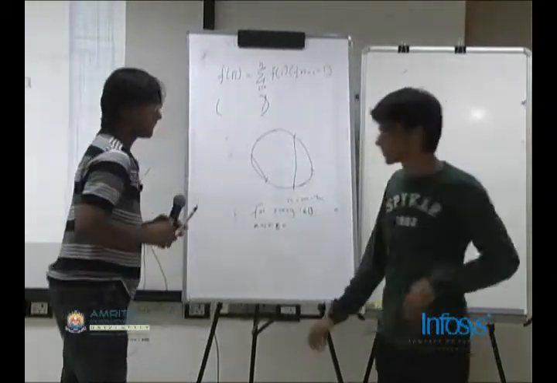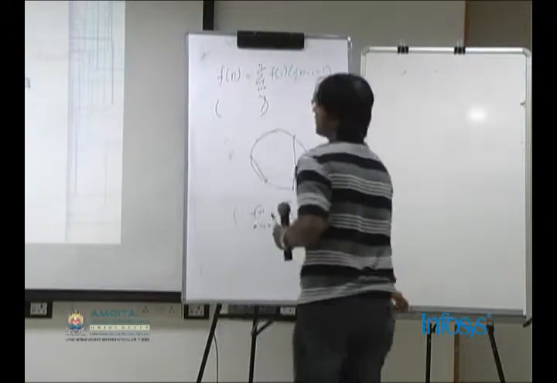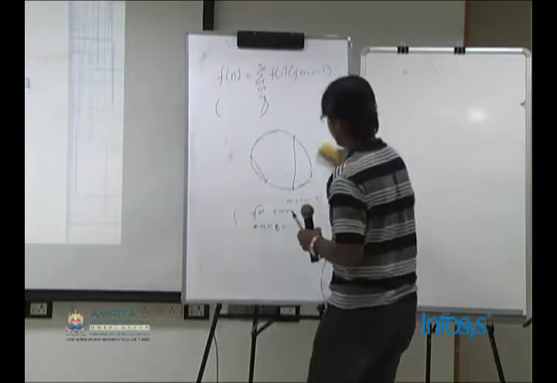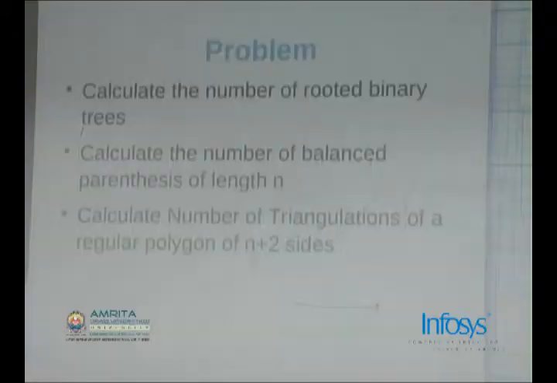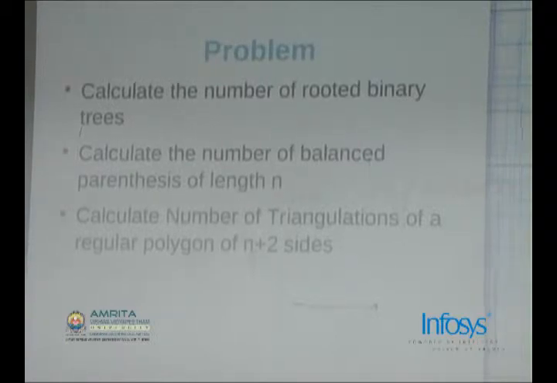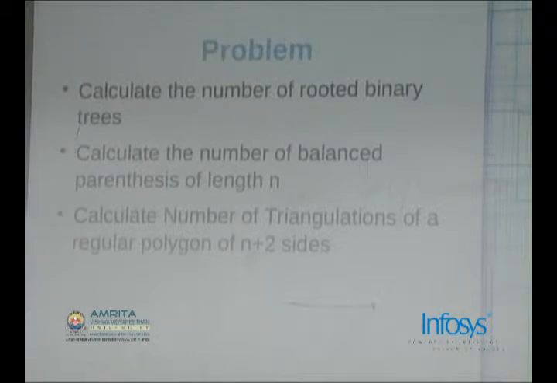Yeah. So like quickly explain, I'll take the example of the number of rooted binary trees. So the problem is: how many rooted binary trees are there with n vertices?